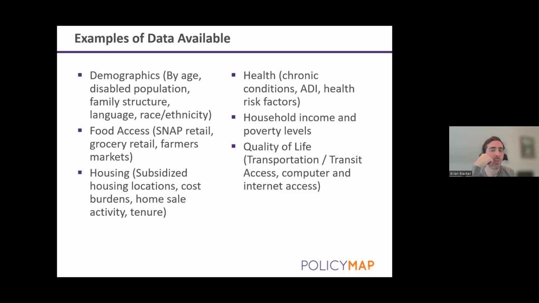Health data on chronic conditions, different underlying health risk factors, social vulnerability index, area deprivation index, income and poverty, and then certain quality of life indicators on things like transportation access, computer and internet access, risks related to natural disasters, and those kinds of things as well.